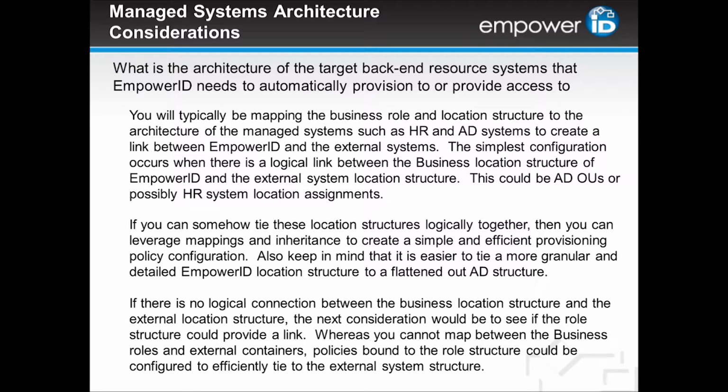So they'll have OUs for administrators, OUs for secretaries, OUs for IT people, OUs for administrative assistants or warehousing employees, those types of breakdowns. And so sometimes it just makes sense to create our provisioning policies based on the role and then tie those into the backend architecture.